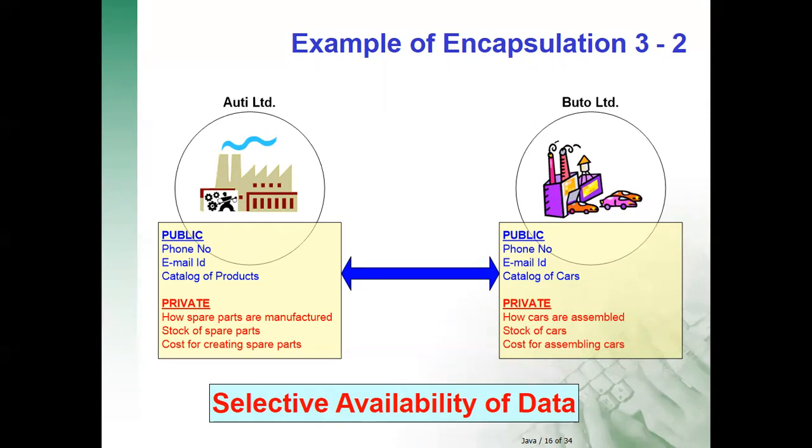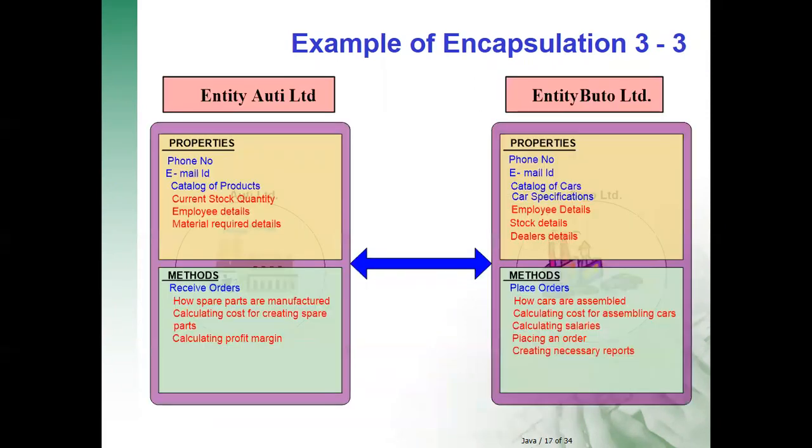Now, we have an example with some company. We take some entity, some object, and for that we have some data. Let's say the data is the phone number of the company, the mobile number, or the email IDs.